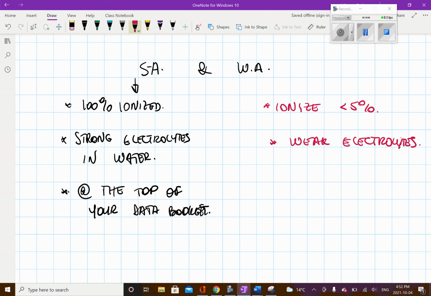And weak acids in our data booklet are the ones below hydronium. I will say here at the bottom of your data booklet.